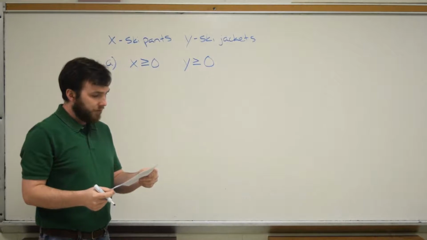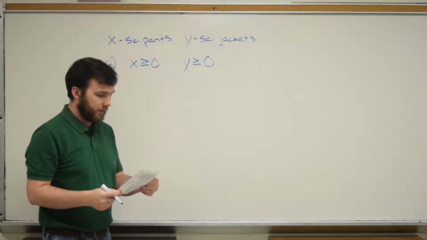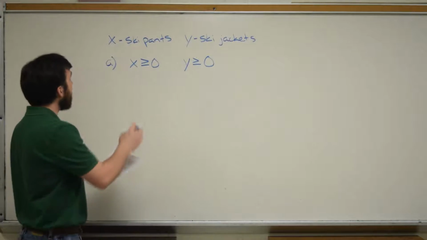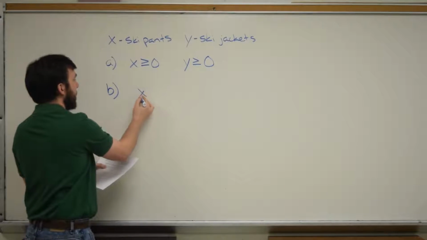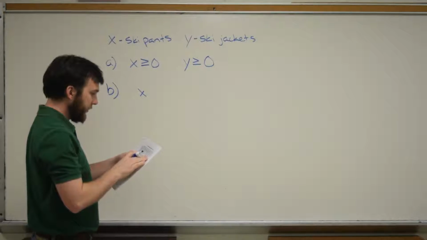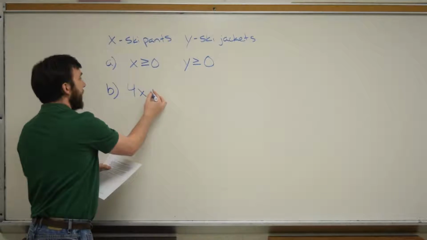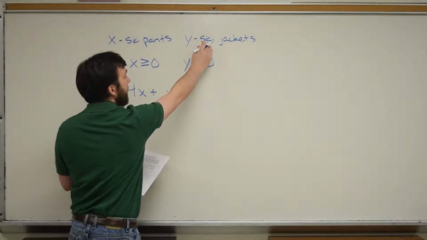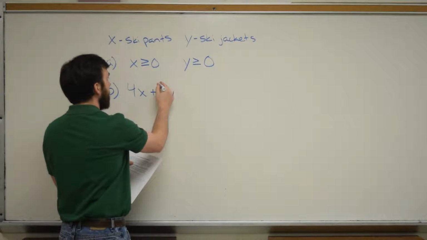Part B, express the cutter's time to make the pants and jackets as an inequality. Okay, so we need to look at how long it takes to cut a pair of ski pants. How long does it take to cut a pair of ski pants? 4 minutes. And then we're going to add on to that how long it takes to cut a ski jacket, and that is 8 minutes.